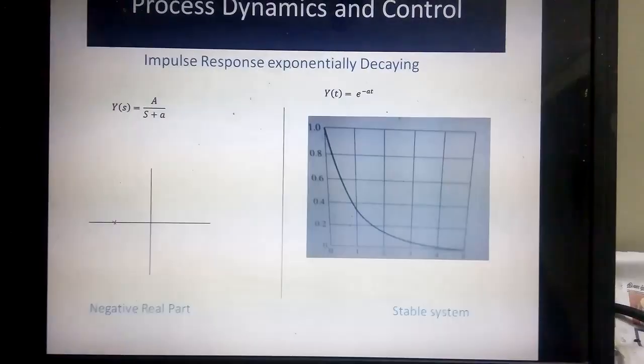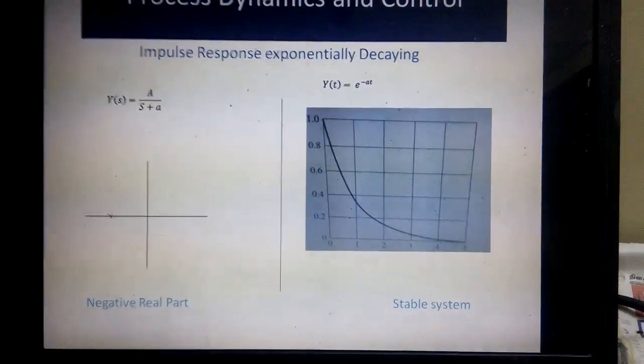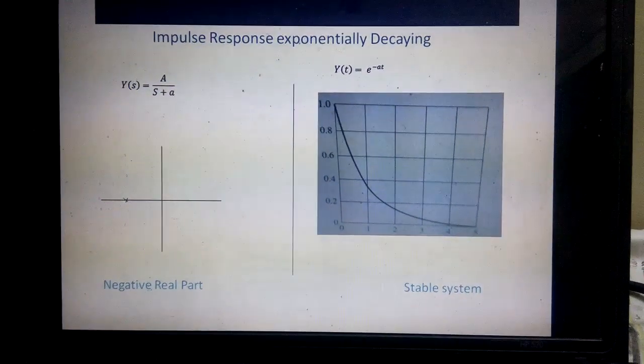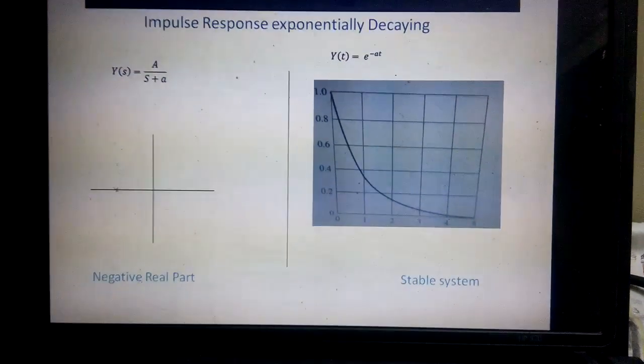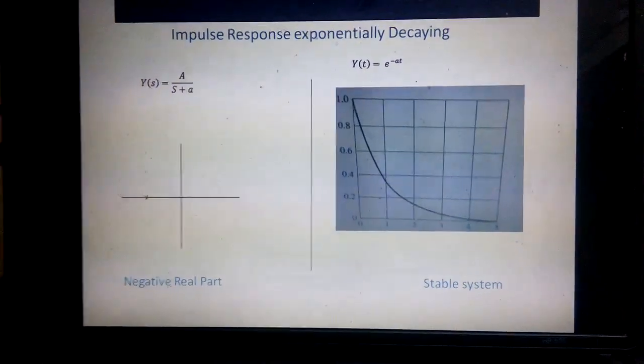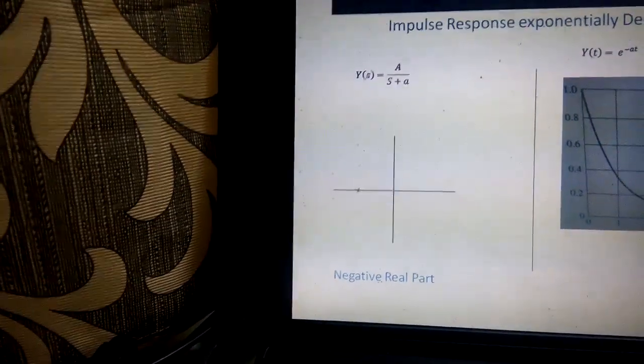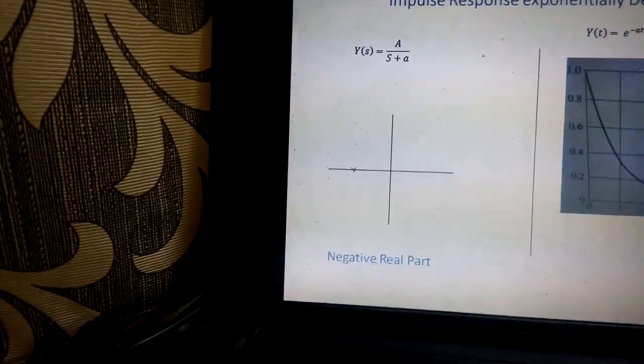Now let us consider the transfer function Y(s) = a/(s+a). Here the response y(t) = e^(-at). The roots are located on the left half of the complex plane, that means s = -a.